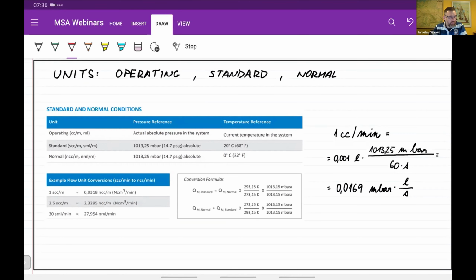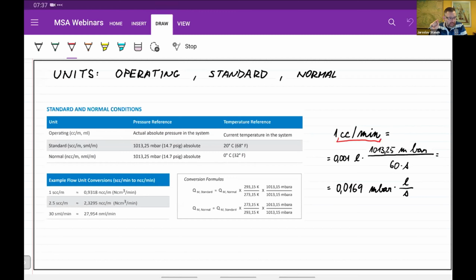And quite often we see cubic centimeters per minute, and very often it's written in this way, rather than cm cubed, cm to the power of 3. We see that cc abbreviation, cubic centimeters per minute, and it does not have that pressure component, as you can see.